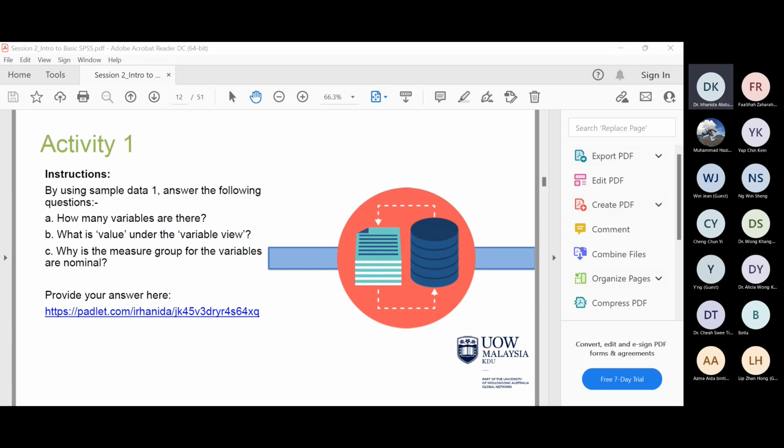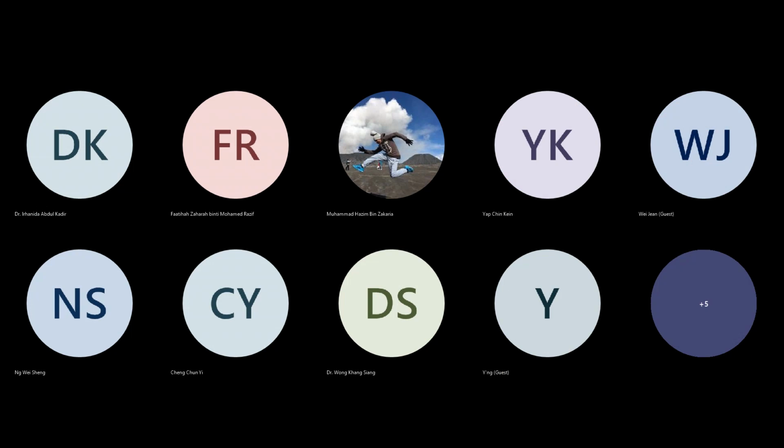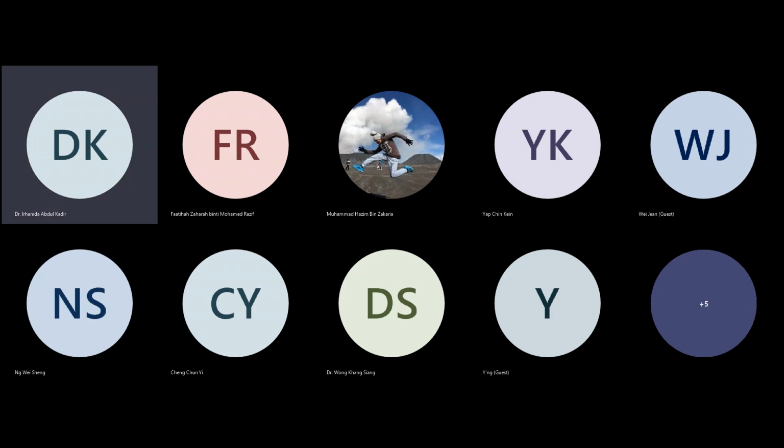Okay, wait, let me share my screen. Okay, I'm sharing with you my SPSS screen. So I am opening existing data. So what I do, I just go to the folder.